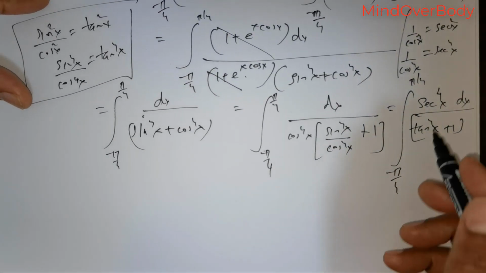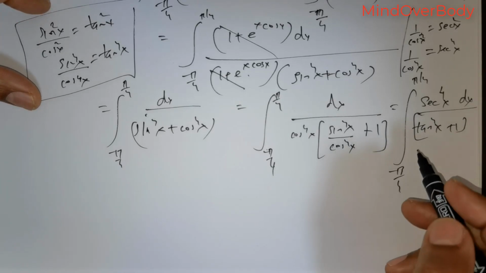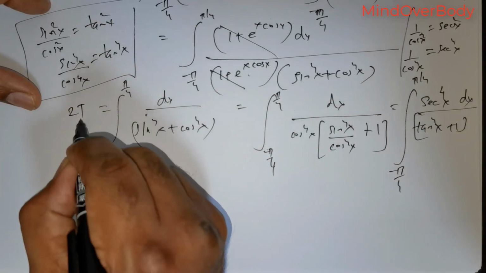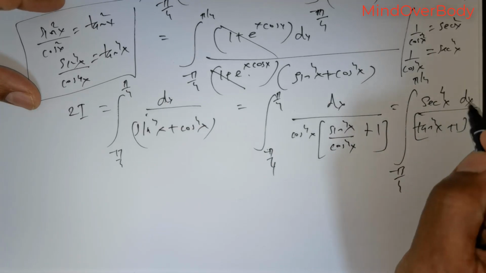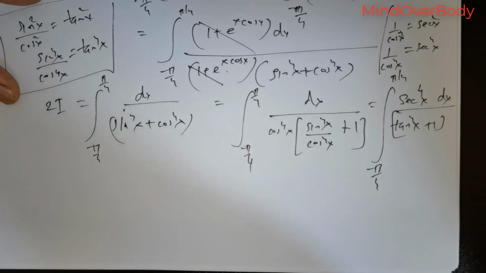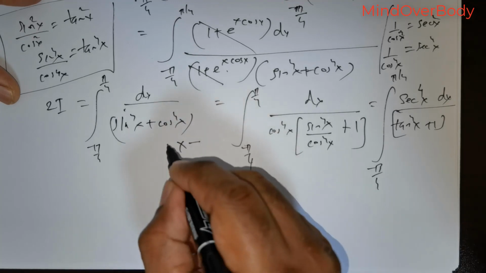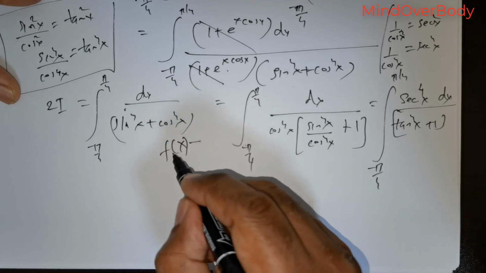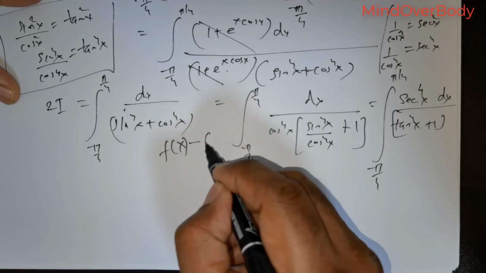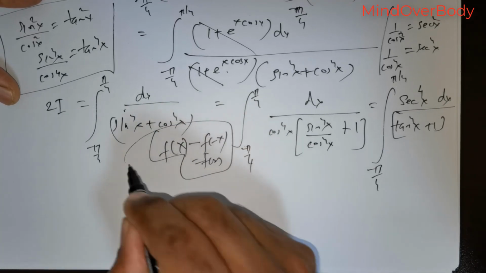Now I would like to make a substitution to handle this. Before I make the substitution, what I wish to see here is that this is an even function. When I say even function, when f of x is replaced with f of -x, that would still give me f of x, right?